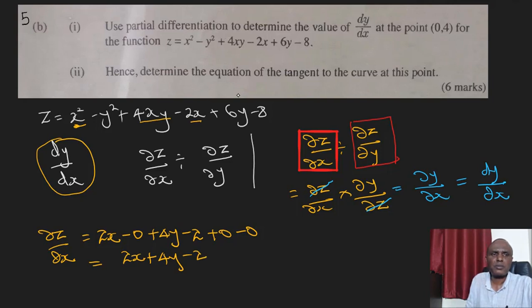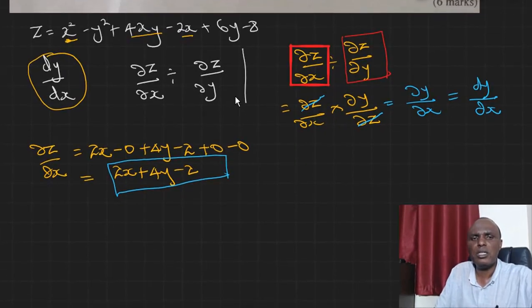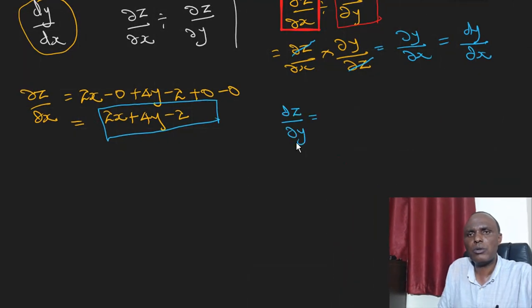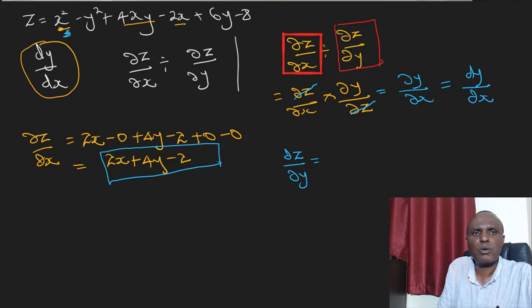So that is the value for dz over dx. Let us now get the value of dz over dy. ∂z/∂y is equal to: we differentiate x squared, and since x is constant, we get 0. Minus, you differentiate y squared, you get 2y.